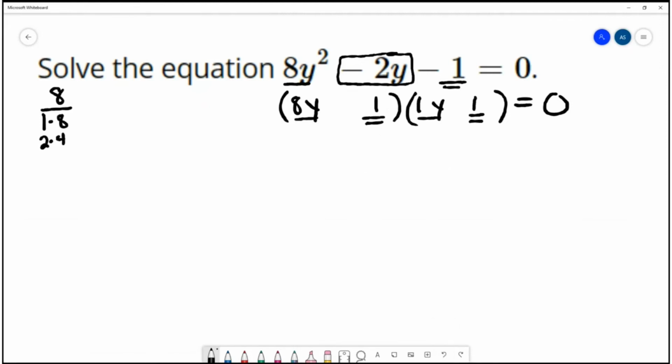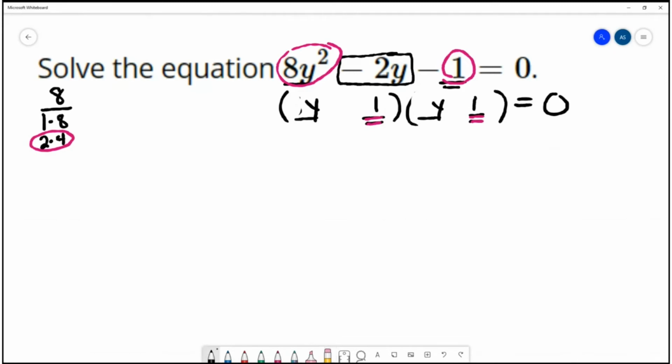Now my only choice for this second part was 1 and 1. And even if I switch the order of 1 and 1, it's still the same. So I'm going to make my changes on the front for this example. So let's change it to 2 and 4 instead of 8 and 1.